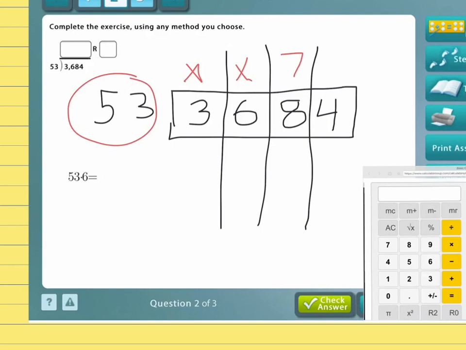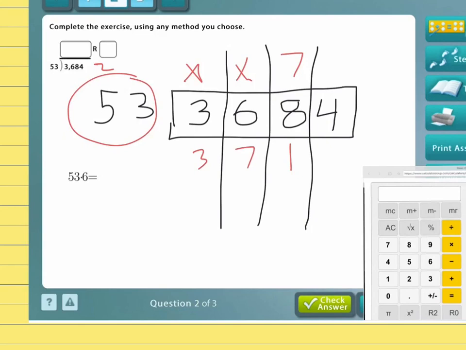Now I'm going to multiply to see if my estimate is accurate. 7 times 3 is 21. Regroup that. 7 times 5 is 35, plus 2 is 37. So 7 is not the correct estimate because I have a total that's greater than what I have to divide.